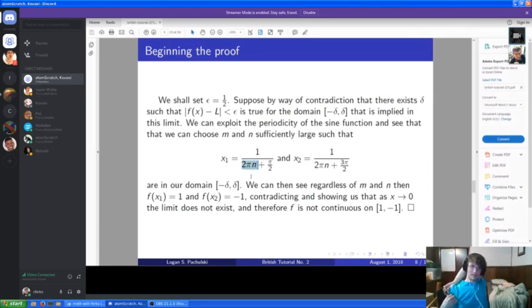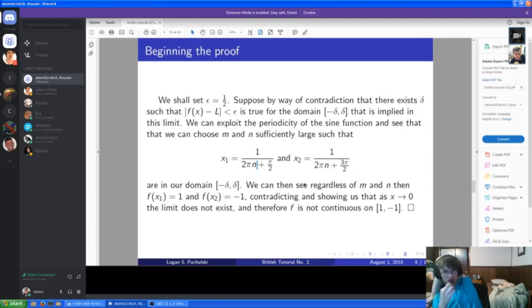Let's say this is m. 2 pi m plus 3 pi over 2. This is going to work for us because we have it set up so that it's sine of 1 over x, so this is going to simply invert it. In turn, sine of this is going to be equal to sine of pi over 2, when m and n are integers.